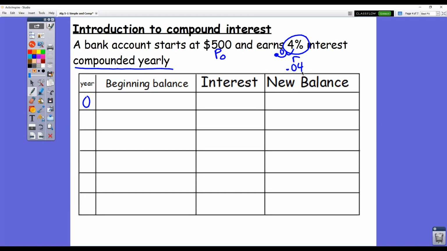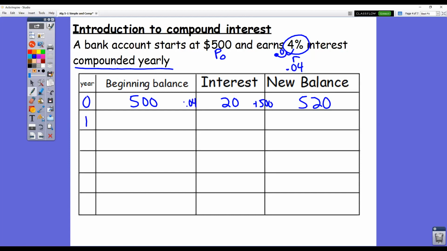So in year 0, the initial deposit, starting off with $500 into the account, we need to figure out how much interest we would gain. So you'd have to multiply that by 0.04. So the amount of interest would be $20. And then to find the new balance, you have to add that to the original amount. So at the end of 1 year, you would have $520 total.